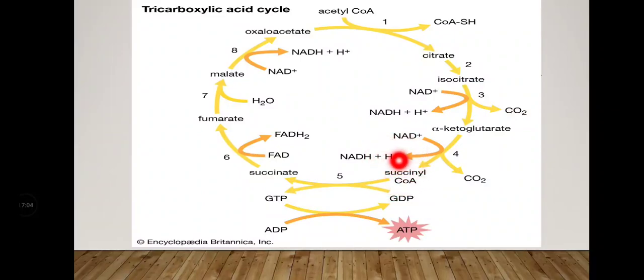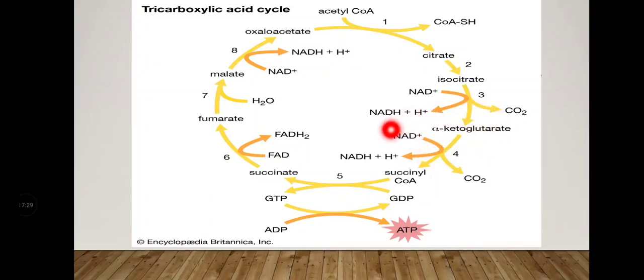So if you have a lot of this, it's going to inhibit this reaction here. But if you have less of this, it means this reaction can drive forward. Equally, like the isocitrate dehydrogenase, when you have a lot of NADH, it inhibits this enzyme. But if you have less of this or more of the NAD plus, it will drive this reaction forward.